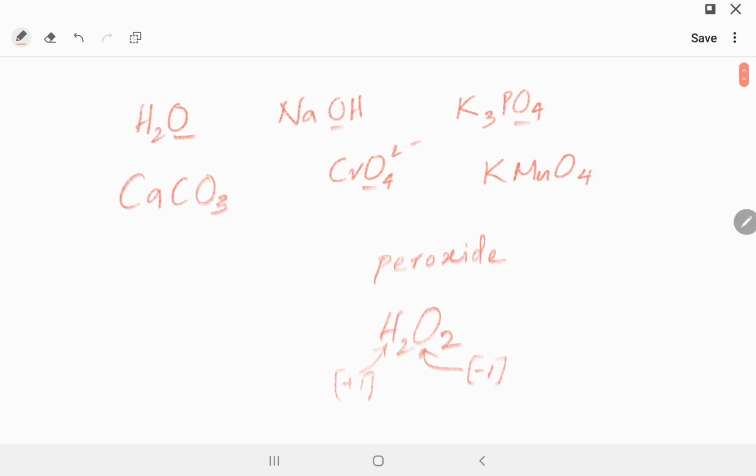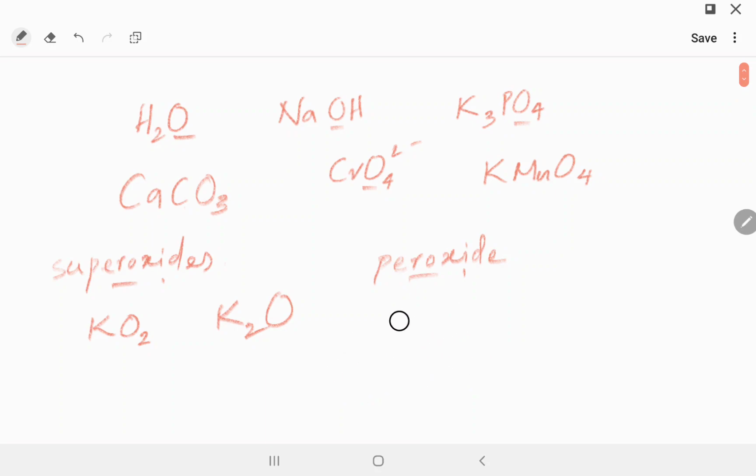The other kind we are going to talk about is called superoxides. These are not very common, but you can easily see superoxides with group 1A metals. As an example, KO2. Here is a superoxide. We know that this is not an oxide, because if it were an oxide, it should be K2O. Why?